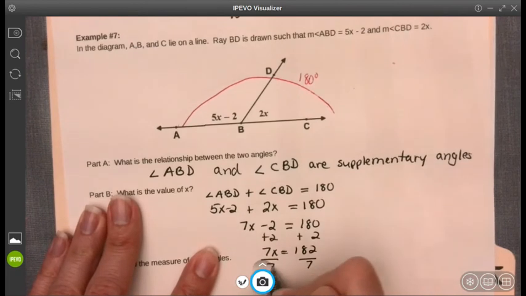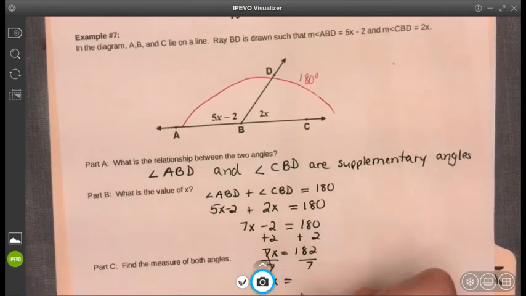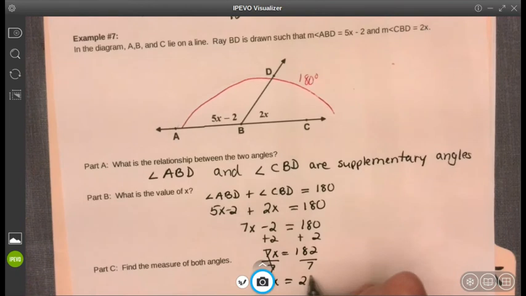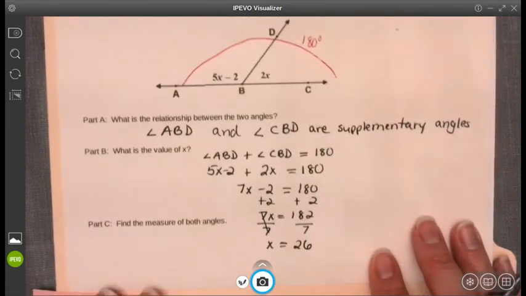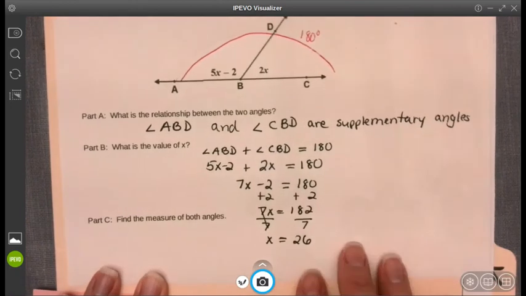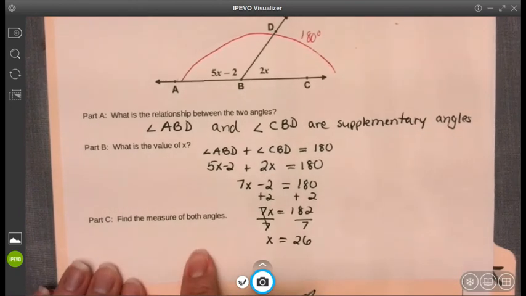Divided by 7. 182 divided by 7 is going to give me 26. So again, I'm not labeling that as 26 degrees. I'm just saying that x is 26. So now they want me to find the measure of both angles.